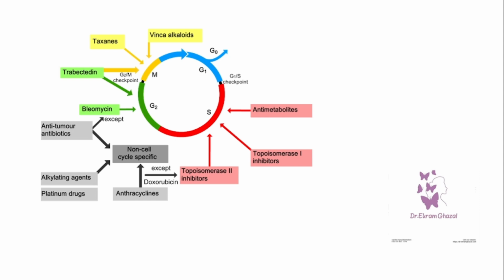Bleomycin works on the G2 phase, and anthracyclines work non-specifically as well, except doxorubicin, which works as a topoisomerase 2 inhibitor on the S phase.